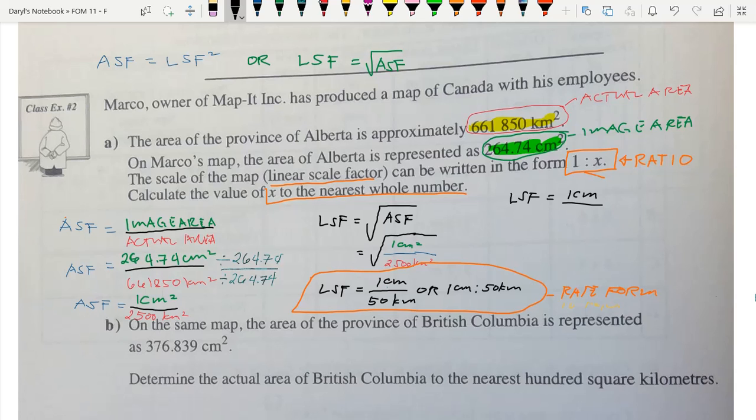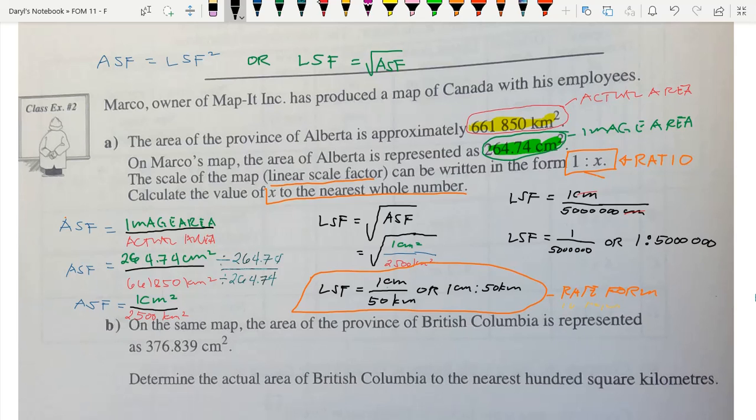So if I multiply that by 50, that gives me 5 million. If you can see here, cm over cm cancels out. So that would leave me an LSF of 1 over 5 million, or it can be written in ratio form as 1 is to 5 million.